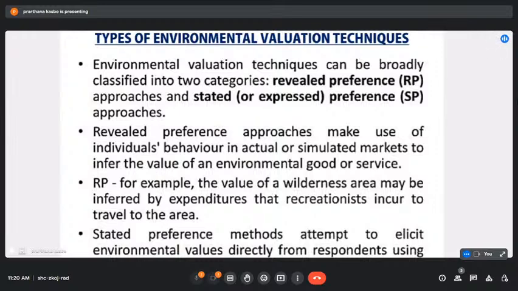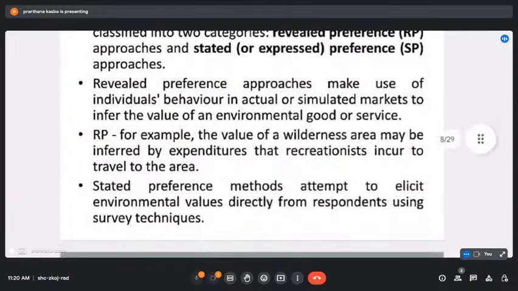The revealed preference approaches make use of individuals' behavior in actual or simulated markets to infer the value of environmental goods or services.